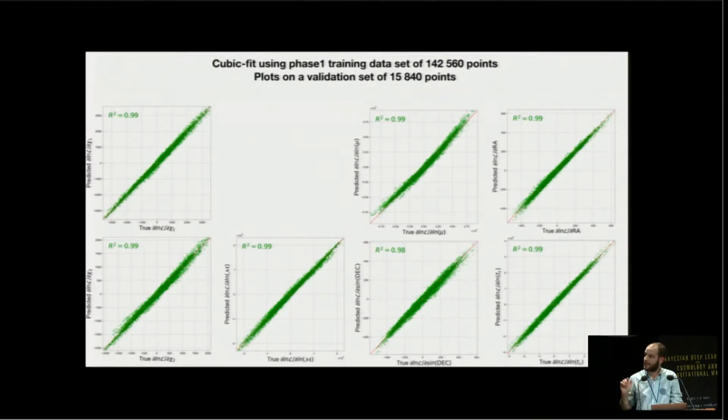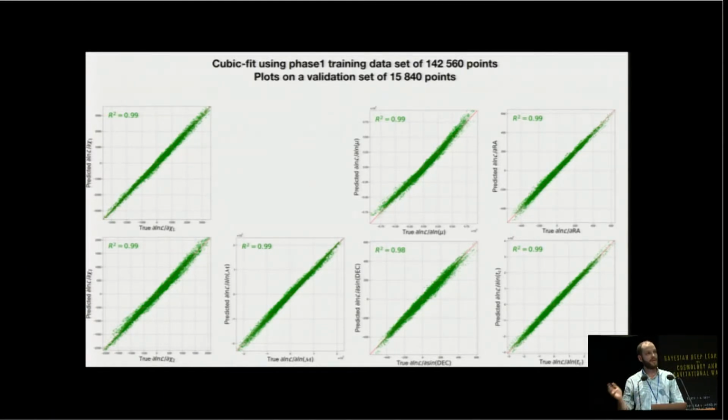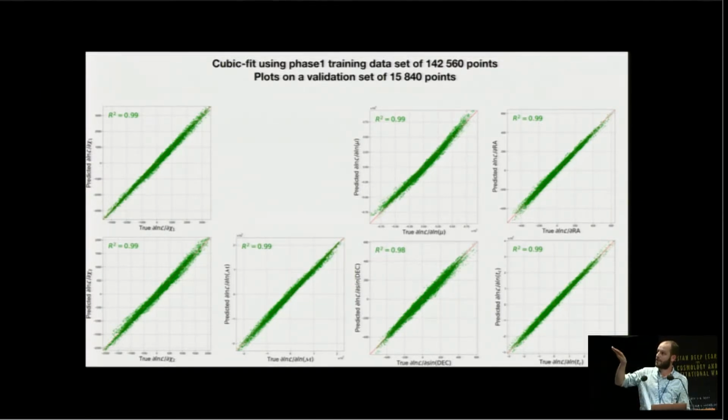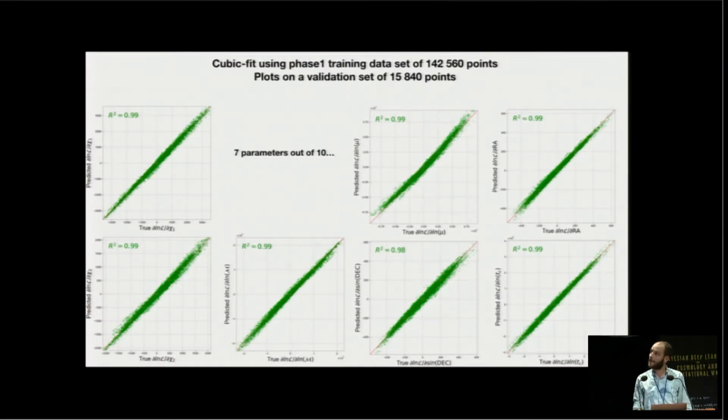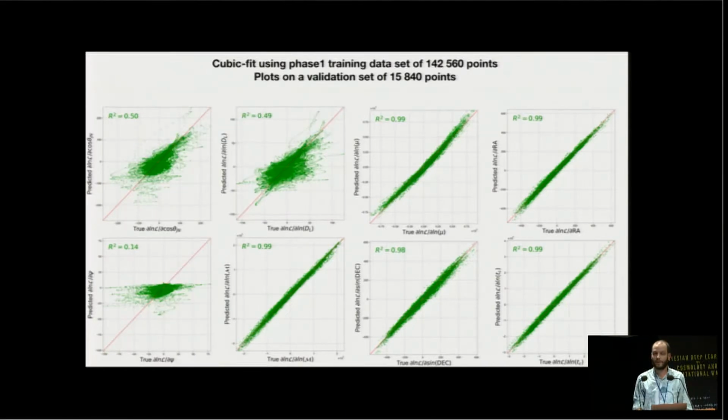Here you can see the regression plots for the cubic fit over a validation set that represents 10% of the training data that I've gathered during the first phase of the algorithm. On the x-axis are the true values of the gradients, and on the y-axis are the cubic predictions for them. So we're doing really good for 7 parameters out of 10. So it's really nice. However, for 3 of them, the cubic fit can't handle the distribution.